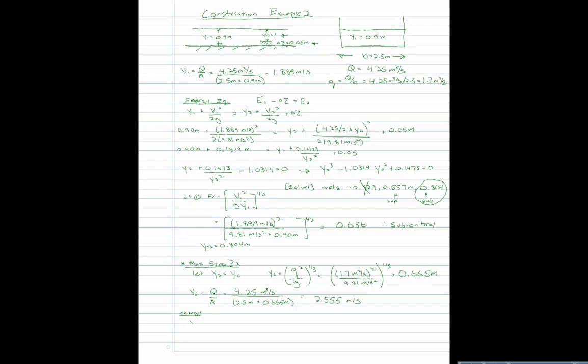The energy expression is that the flow depth plus the velocity head will equal the critical flow depth plus the critical velocity squared divided by 2g, and this delta z max. The delta z max is the elevation that just barely starts to cause the choking. Our original flow depth was 0.9 meters, and we knew our original velocity.